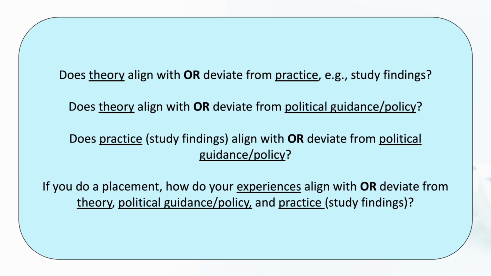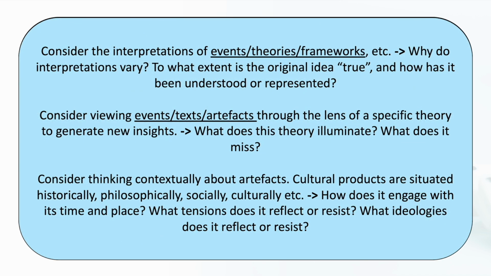And if you do a placement, how do your experiences align with or deviate from theory, political guidance and policy, and practice, study findings? If you're more humanities-based, you might want to have a think about interpretations of events, theories, frameworks. Why do interpretations vary?